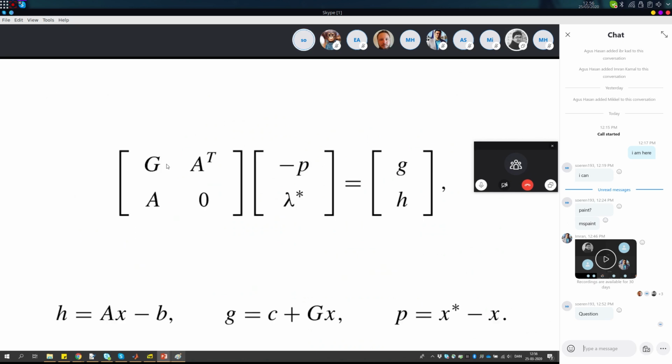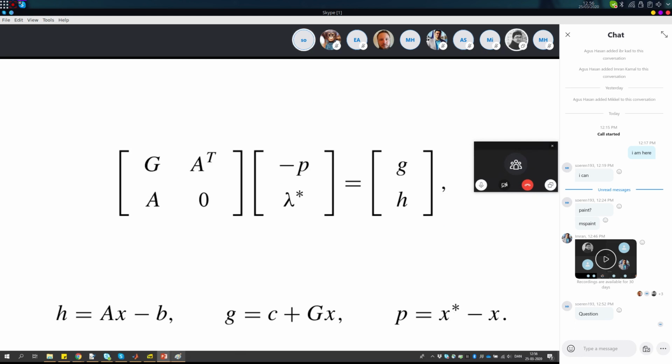If this KKT matrix is non-singular, then you can find these variables. Basically, you multiply the left-hand side with the inverse of this, and then the inverse goes to the right-hand side. So once you get these variables, then you will get the x also, sorry, the x star, which is the solution. Okay.